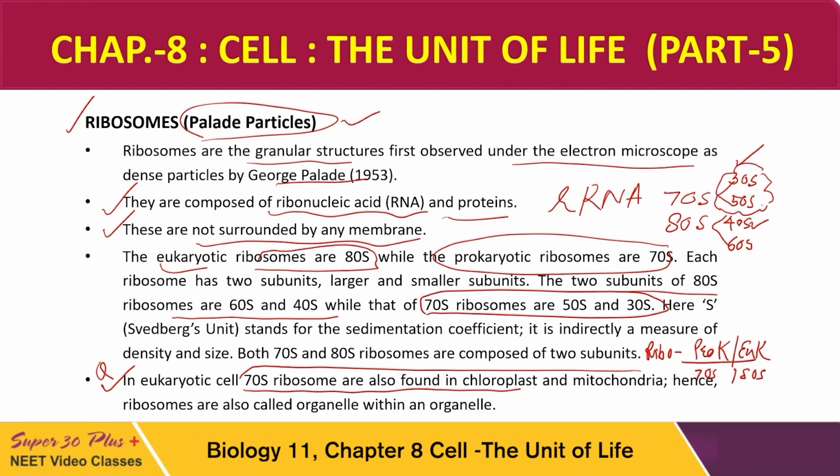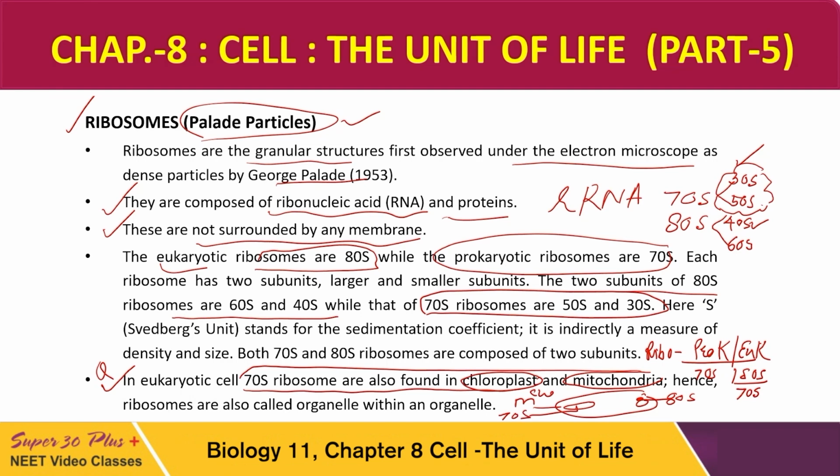But one more important point: the eukaryotic cell has 80S as well as 70S ribosomes. If this is a eukaryotic cell, then in the cytoplasm of the eukaryotic cell there is 80S ribosome, while in the mitochondria and chloroplast of the eukaryotic cell there are also ribosomes, and these ribosomes are 70S type.